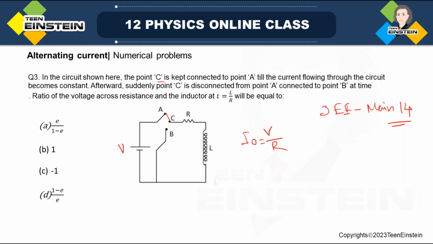So what was done actually: until the current becomes constant in the circuit, A and C were connected together.